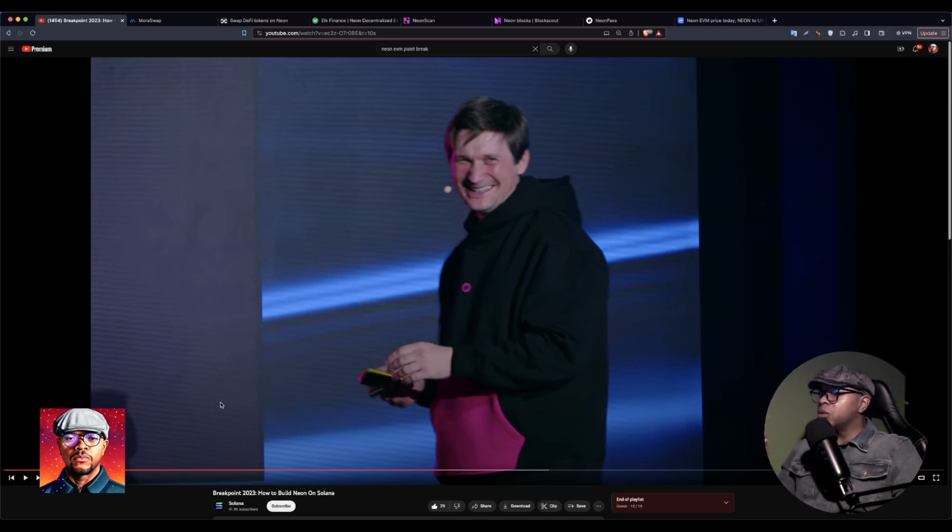This is really, really cool. I'm curious to see how developers develop on Neon. One specific application I could totally see is DeFi, and then other dApps as well. So yeah, let's keep going.